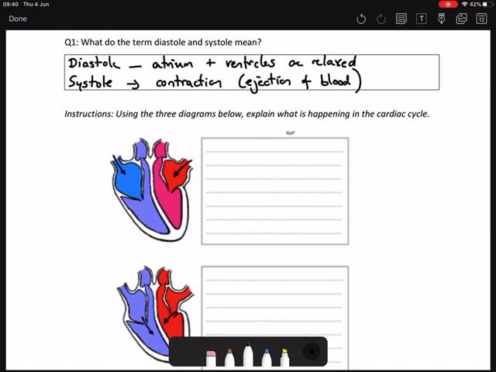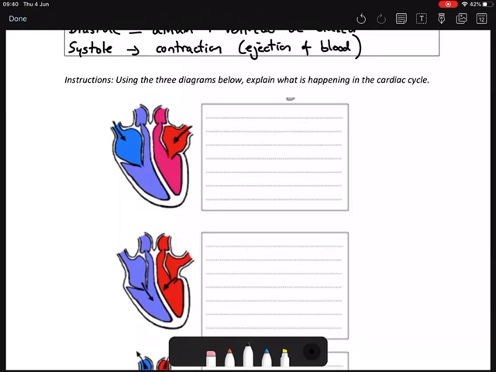So what we're going to do is go through the cardiac cycle step by step, just to demonstrate the flow of the blood as it's coming through the heart. First of all, you can see that these valves here are closed, and if you remember them, we have the tricuspid and we have the bicuspid.